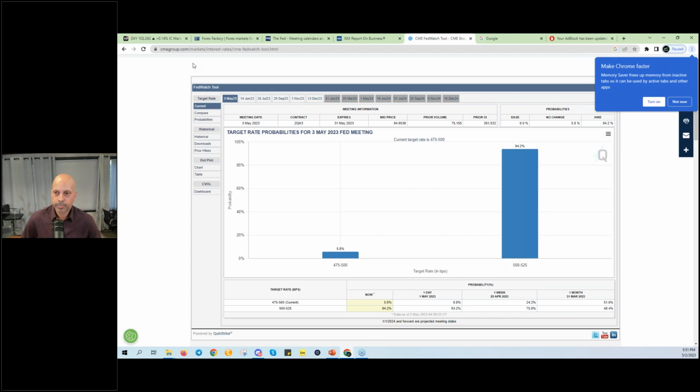So you'll get a very good indication of what the Fed is likely to do as we progress from May's meeting to June's meeting. So this is a pretty useful tool to get an indication of how the Fed will react.